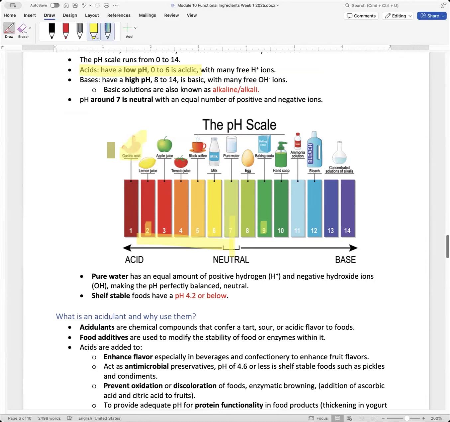So it'd be really hard to affect the pH of that. And not only that, but this is a logarithmic scale, so each one is 10 times greater than the next one. Wow. Yeah. So it's pretty hard to affect the pH of your stomach.